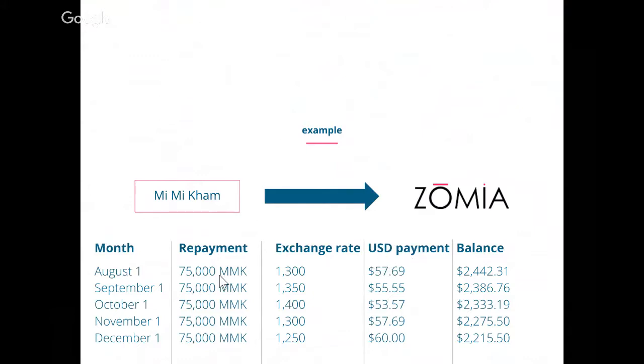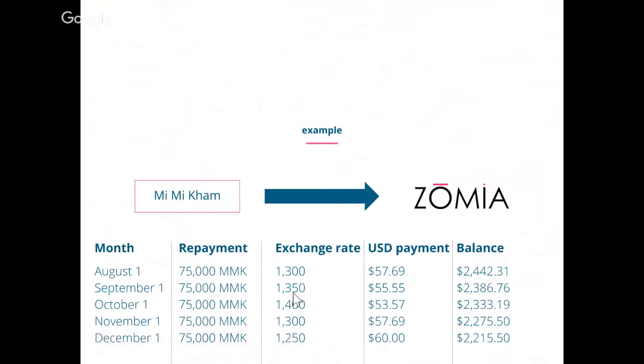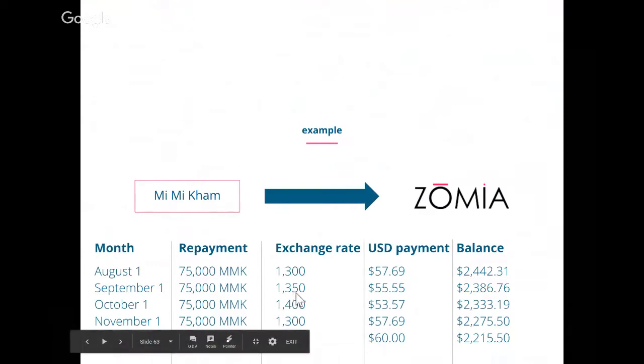On August 1st, 1 US dollar was equivalent to 1,300 Myanmar kyat. But in September, you needed 1,350 Myanmar kyat to purchase 1 US dollar, and in October, 1,400. So you can see that the exchange rate here is changing.